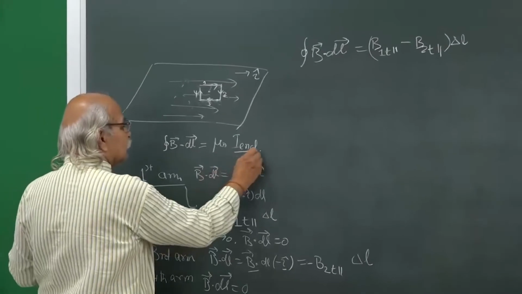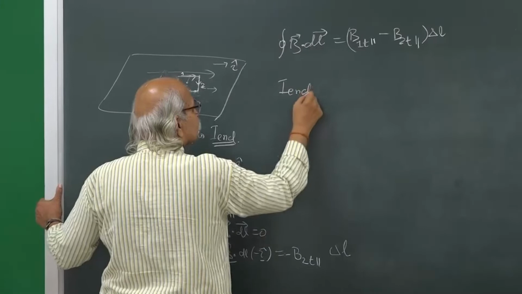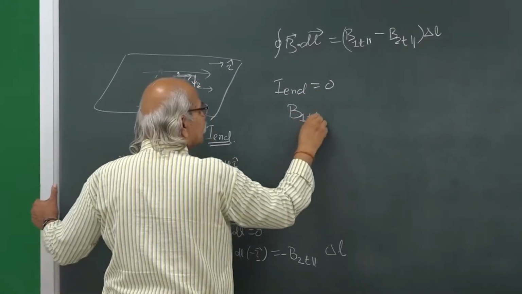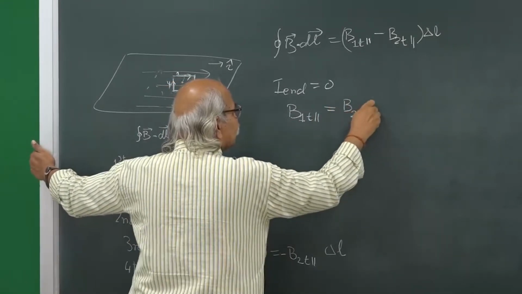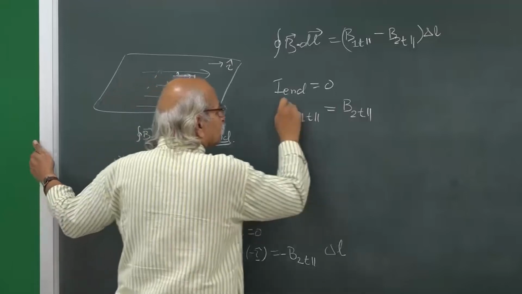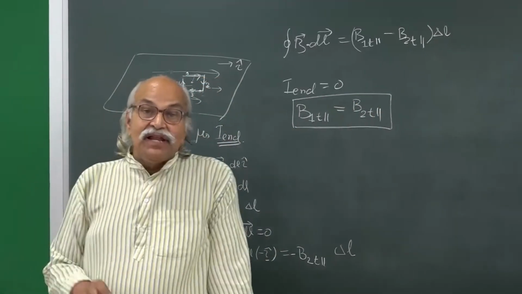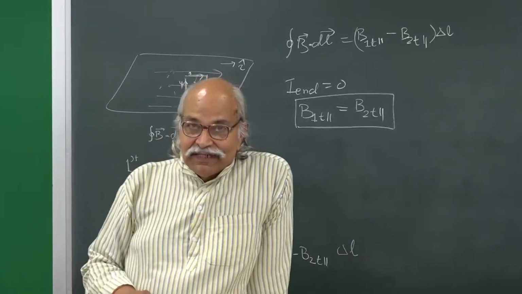So, therefore, this right hand side here is 0, I enclosed is 0, and hence B1 tangential parallel is equal to B2 tangential parallel. The tangential component of the magnetic field, tangential to what?